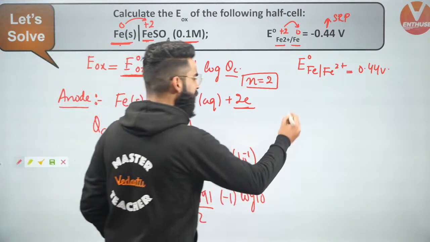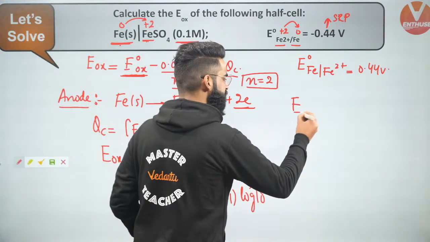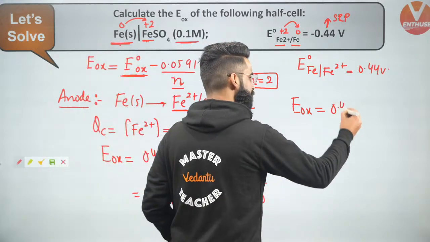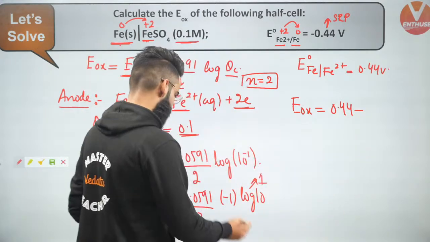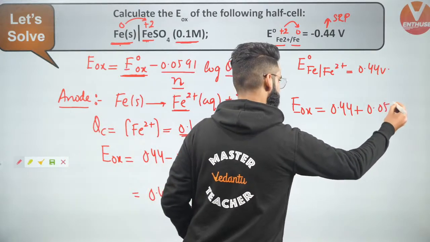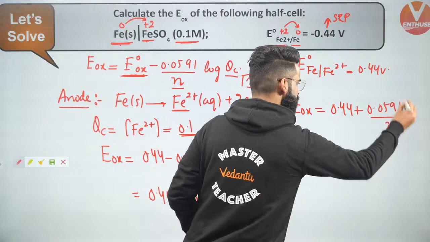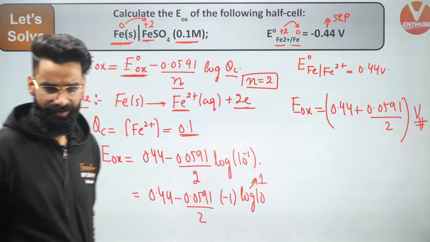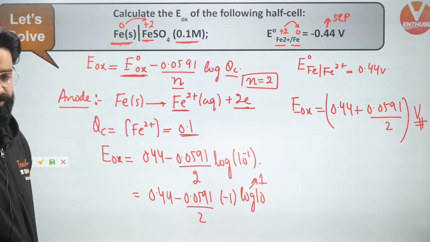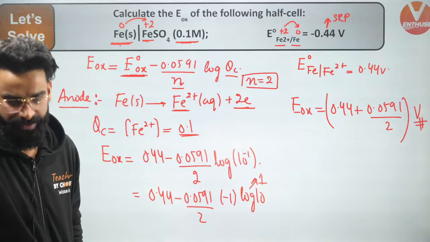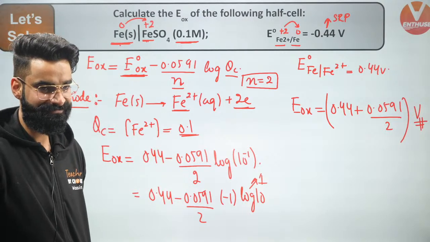So you'll be getting the oxidation potential of the iron electrode as 0.44 minus, this minus is going to come to the front, it's going to be plus 0.0591 divided by 2. Just solve this a bit and get the answer in volts. This is going to be the oxidation potential of this iron electrode, which we were supposed to calculate.